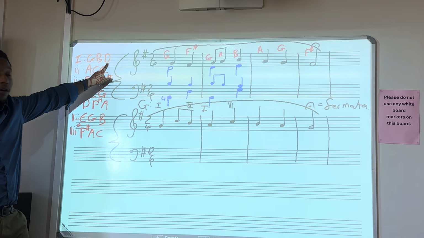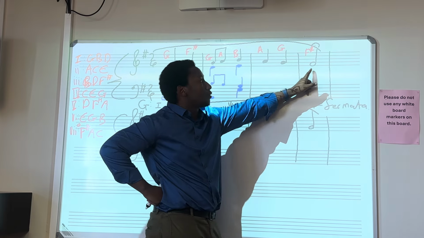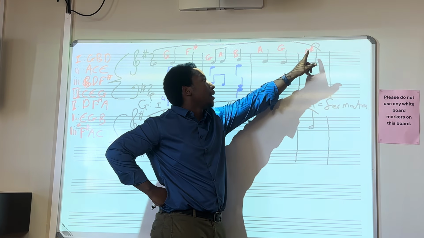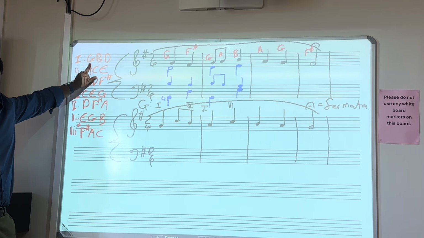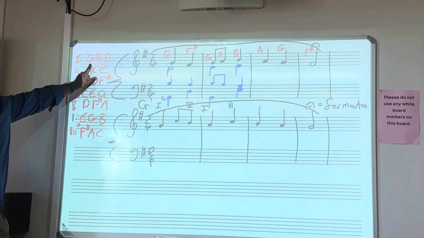I know I'm not resolving in chord 1 here. Definitely not. Because F sharp does not exist in chord 1. I can't use it. So I know it can't be what type of cadence? What cadence lands on chord 1?